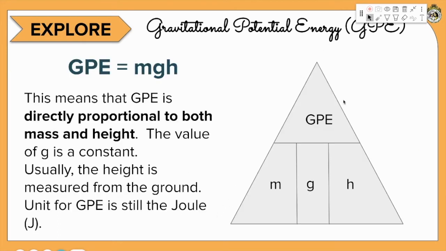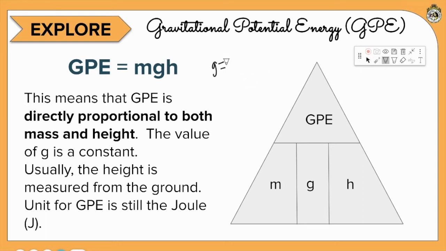So let's now look in more detail at the formula for gravitational potential energy. Gravitational potential energy again has the formula mass times g times h, where g is a constant value, it doesn't change.